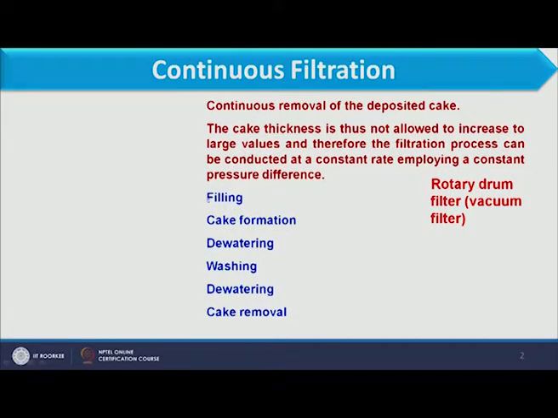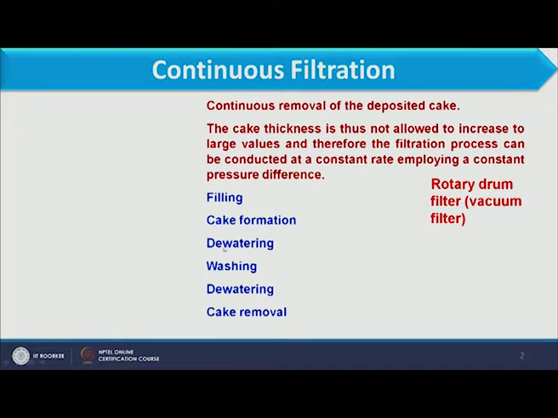Now, when we go for batch filtration, what are the different steps? If you remember, the steps were filling with the slurry, then cake formation, dewatering, washing, again dewatering, and then cake removal.